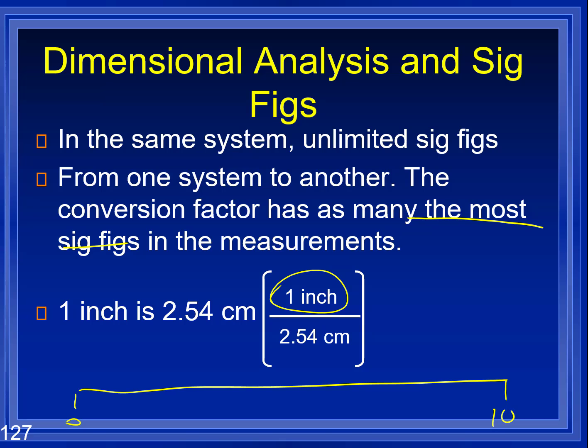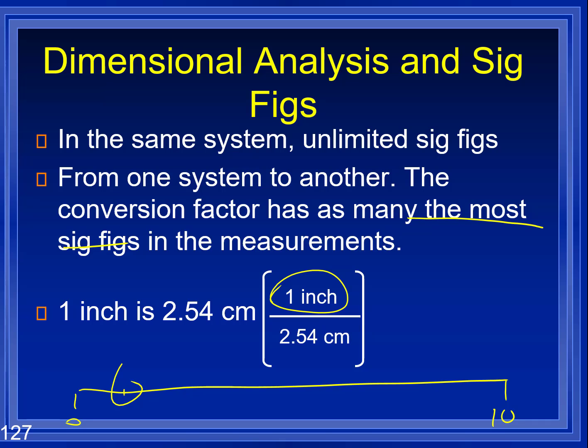And 1 inch would be about right here. So something about right there would be 2.54 centimeters. That doesn't sound right. There's a whole range for that 1 inch. That means it's someplace between half an inch and an inch and a half. Is something someplace between half an inch and an inch and a half going to be 2.54 centimeters?